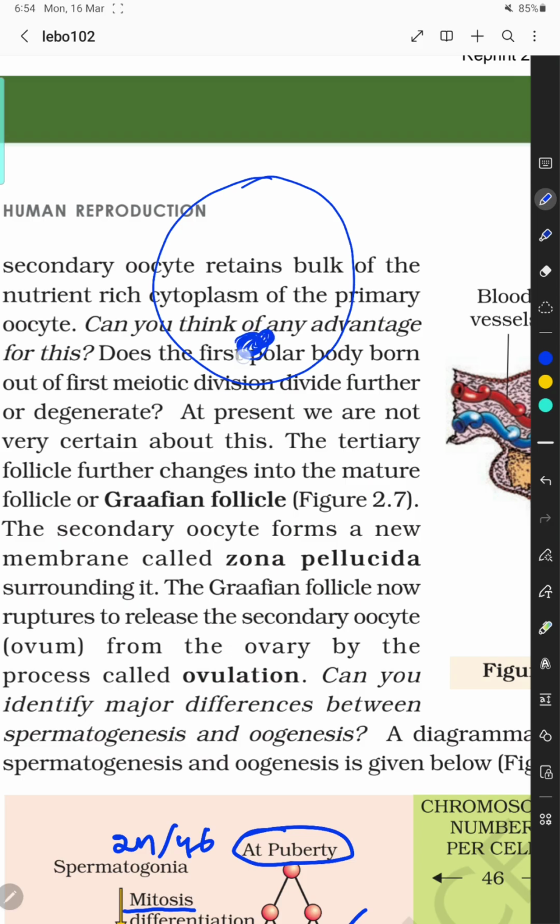Okay, the secondary oocyte is surrounded by a layer of cells that forms a membrane called zona pellucida. Okay, so the secondary oocyte releases when the graafian follicle is ruptured.